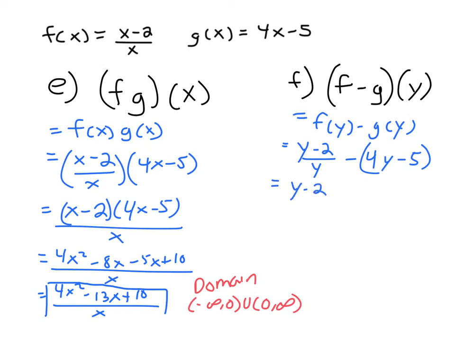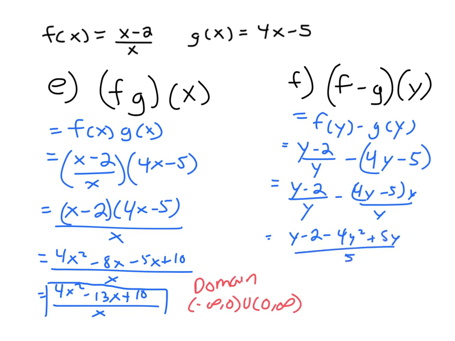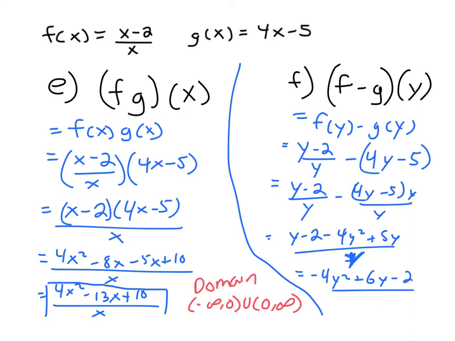So instead of x now I have y, but it's the same thing. This becomes minus 4y squared plus 5y divided by y, and then this becomes negative 4y squared plus 6y minus 2 over y.